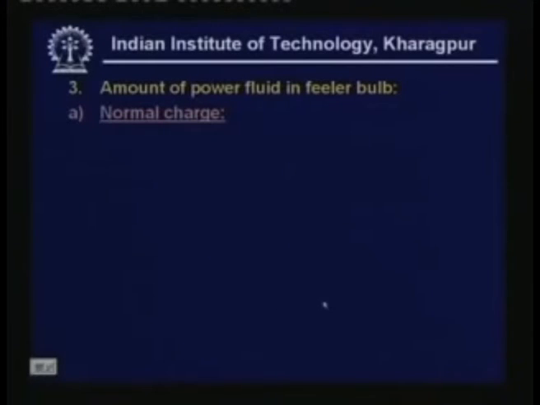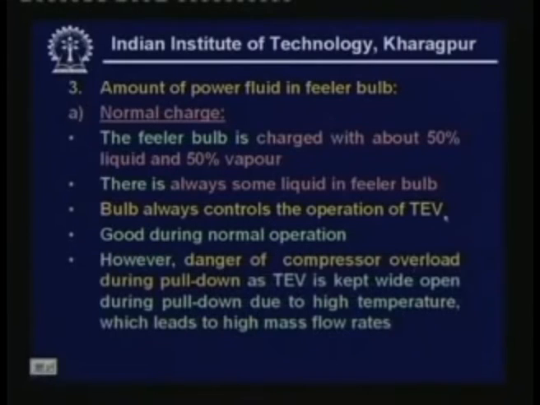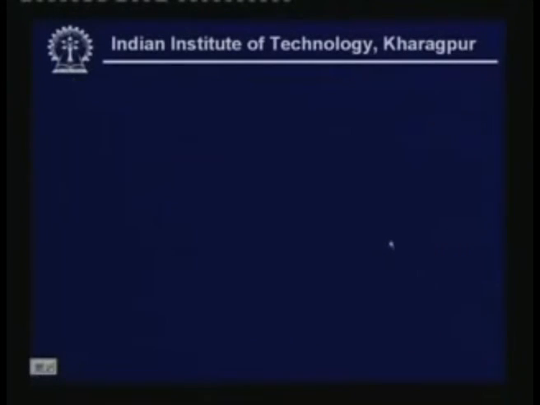Since there is a higher mass flow rate, the power requirement of the compressor also will be high, okay. So if you have not designed the motor properly, then there is a danger of motor getting overloaded, right. So this is the problem with normal charge, okay. Otherwise normal charge is very good during normal operation.